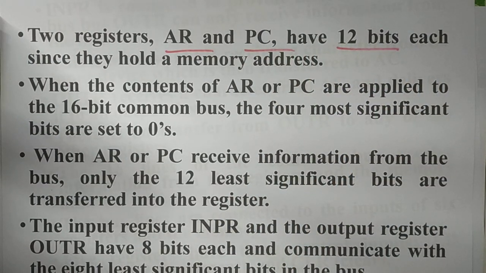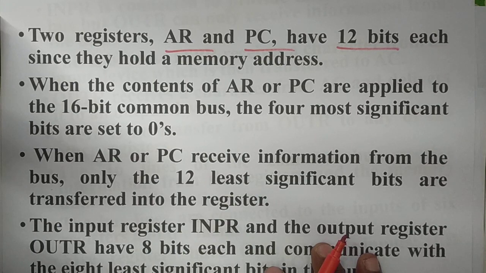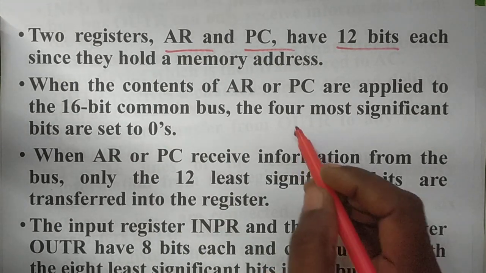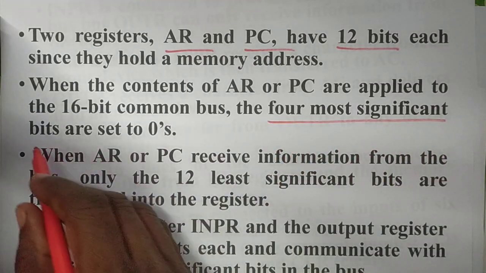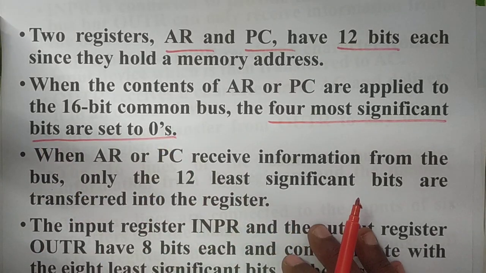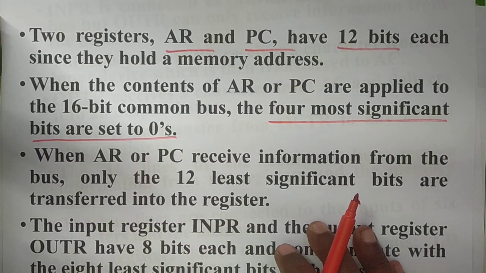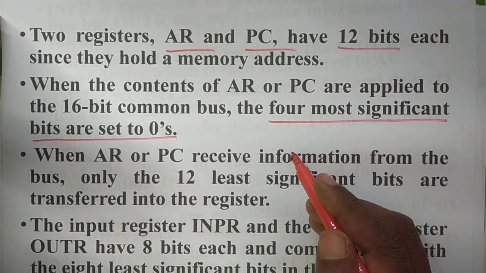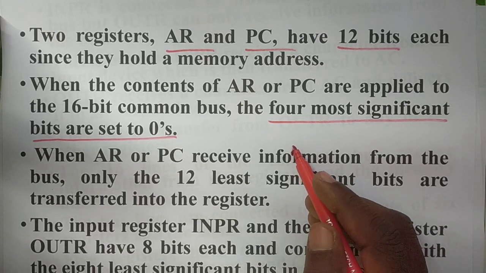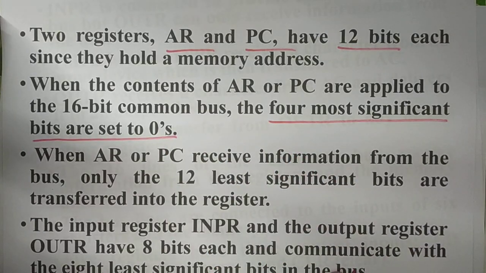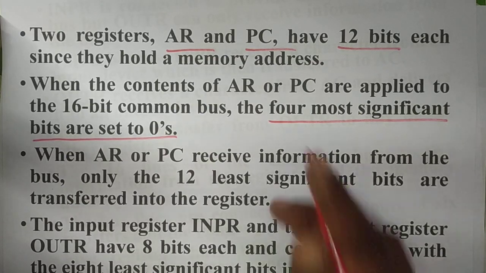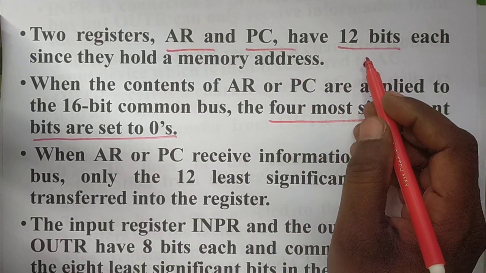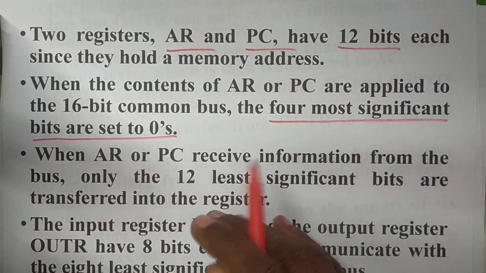When the contents of AR and PC are applied to the 16 bit common bus, the 4 most significant bits are set to 0. Because they contain 12 bits, the remaining 4 most significant bits are set to 0, since 16 bits are required.